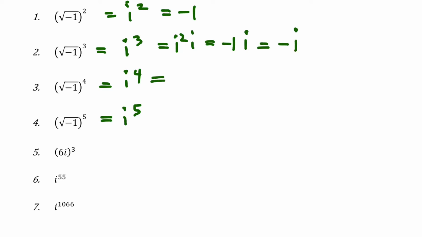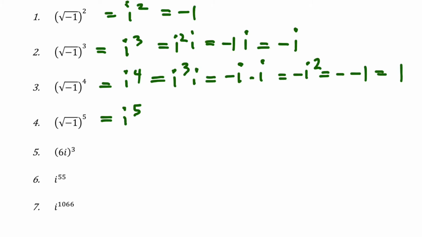Since I to the 4th is I cubed times I, this is equal to -I times another I. So this is -I squared, which is equal to -1, which is equal to +1. And then I to the 5th is I to the 4th times another I. I to the 4th is 1 times I, which would simply be I.